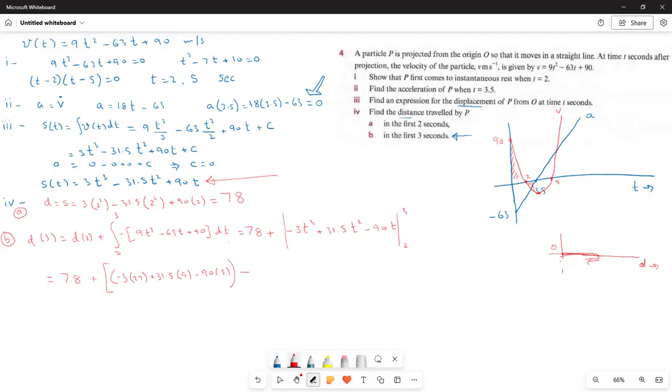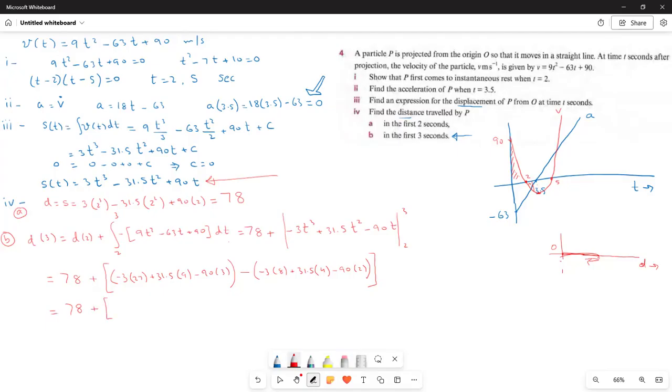And when I put the lower limit, it will become minus 3 into 8 plus 31.5 into 4 minus 90 into 2. I hope you are following me. This is a bit complicated, so I'm not sure if I lost you.